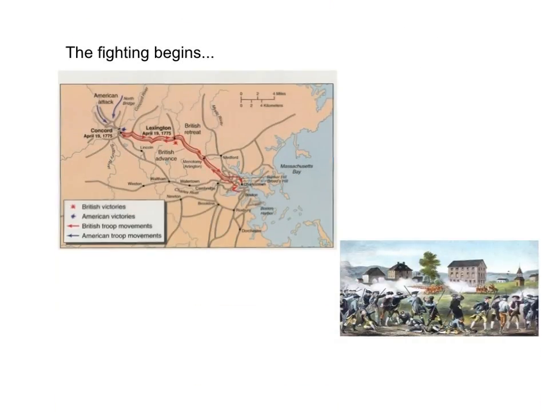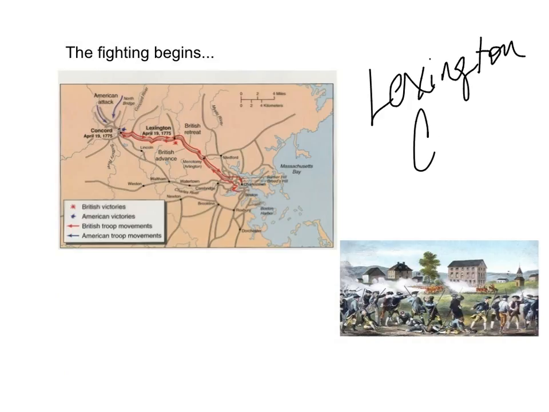Before that can happen, however, fighting breaks out near Boston at the Battle of Lexington and Concord. In this battle, British troops are trying to get to Concord, where they have learned there is an armory with colonial weapons.